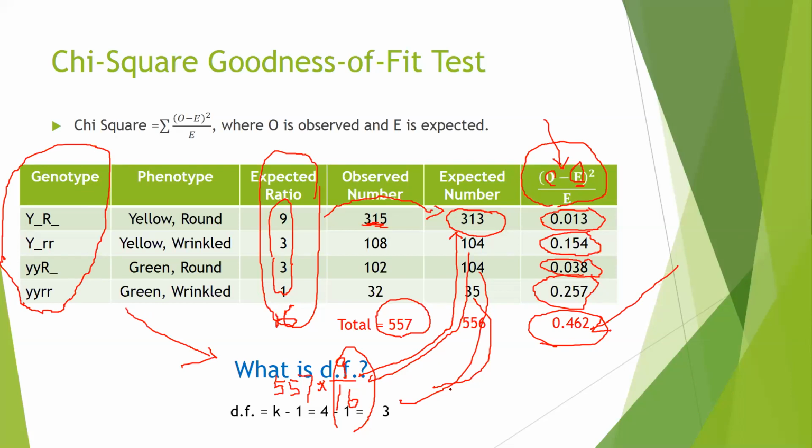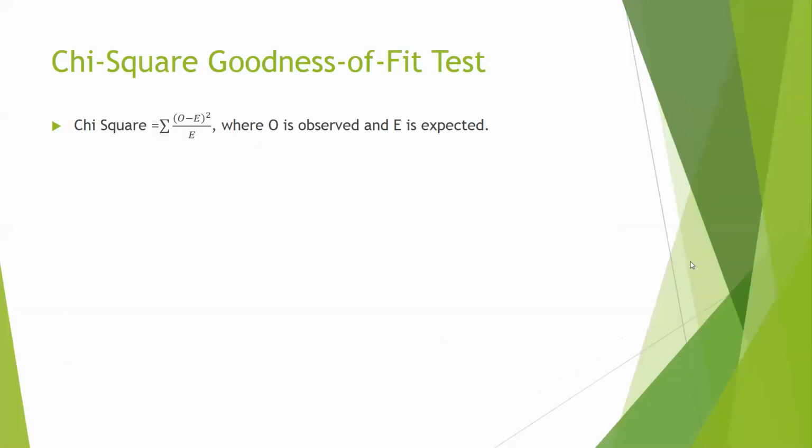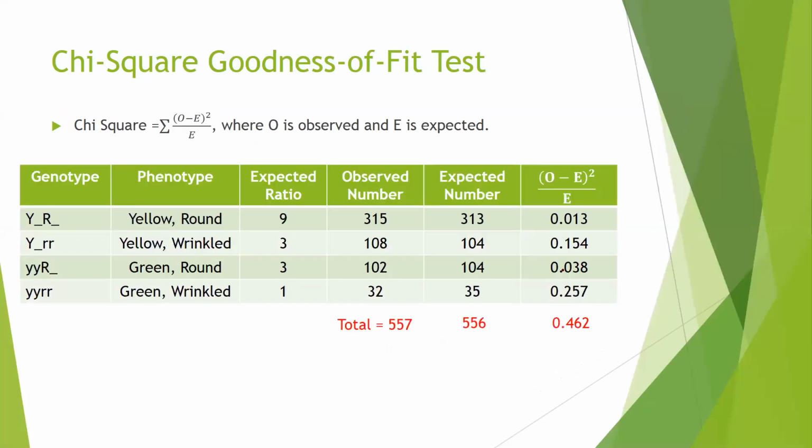My slide is a little bit messy, sorry about this. Let me erase this. Okay. So here, the degree of freedom equals the number of phenotypic categories minus 1, which is 3.